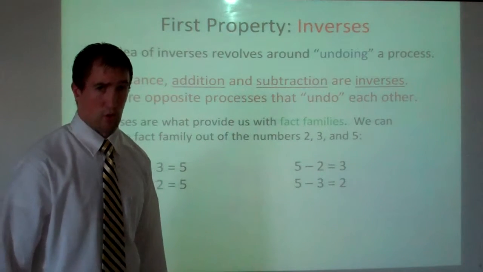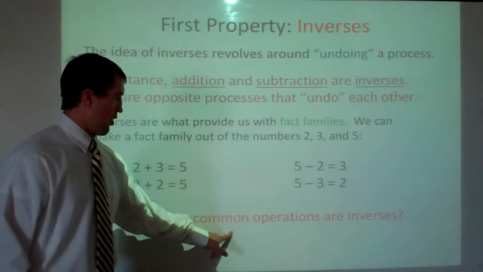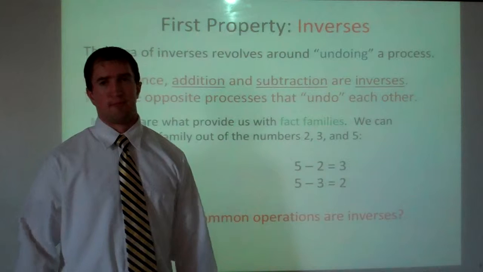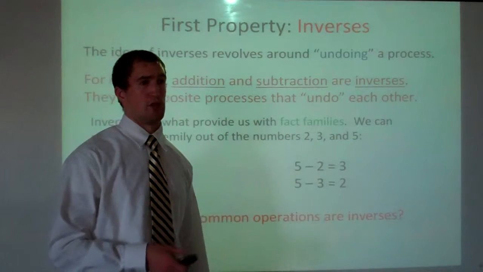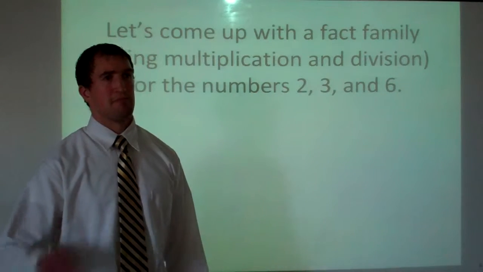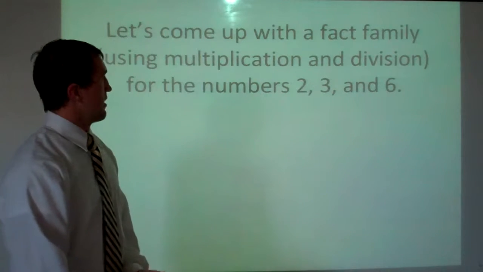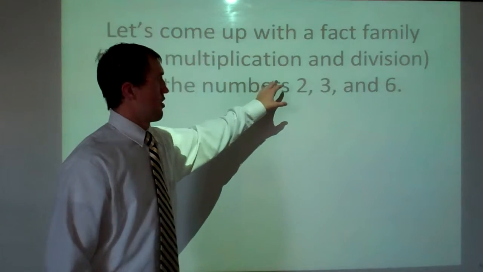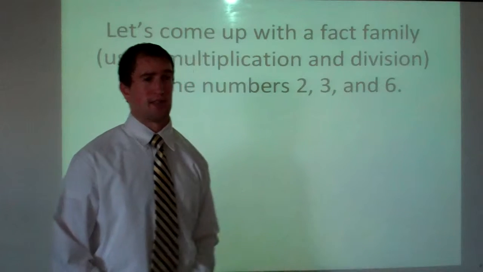And one other question I asked them at the end of this slide: what other 2 common operations are inverses? Clearly it's division and multiplication. So knowing that, I had them put together a fact family for multiplication and division with these numbers 2, 3, and 6.